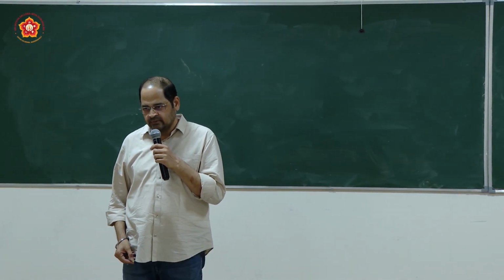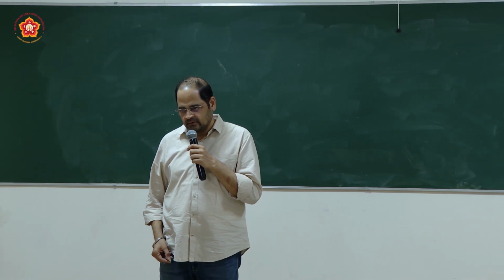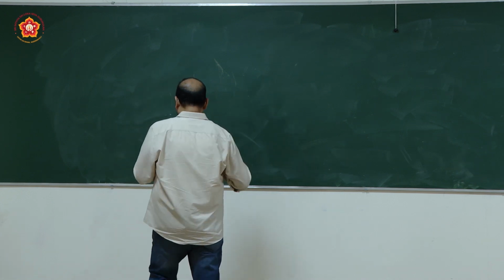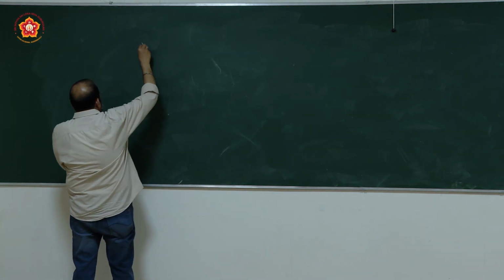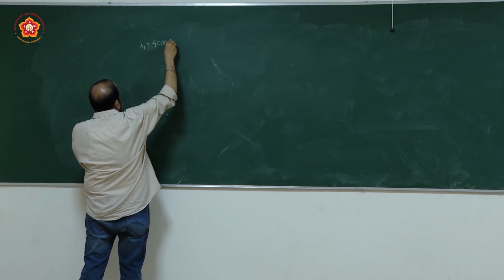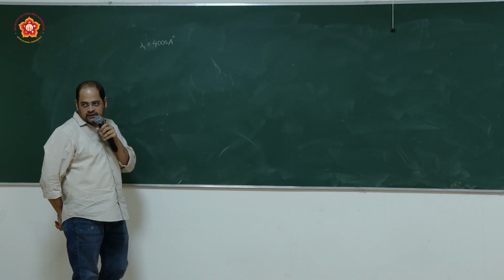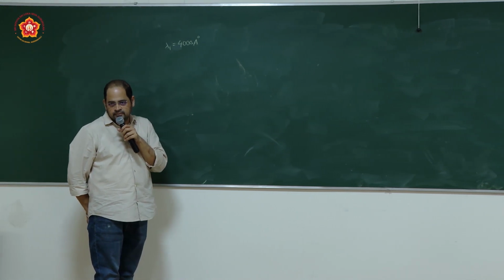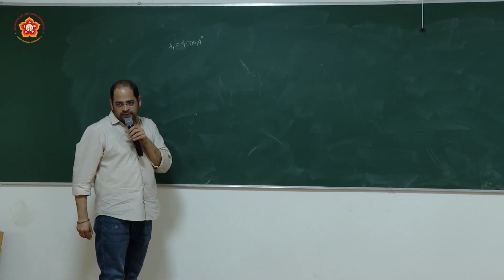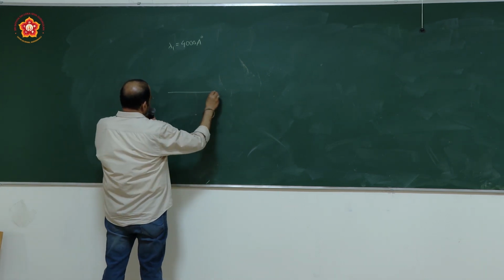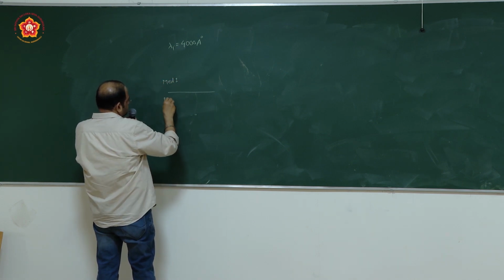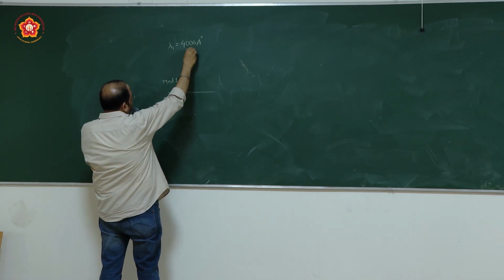So lambda in the medium 1 is given to you as 4000 Armstrong unit, right? It is incident from medium 1 to medium 2, right? This is medium 1, this is medium 2. The wavelength here is 4000 Armstrong unit.